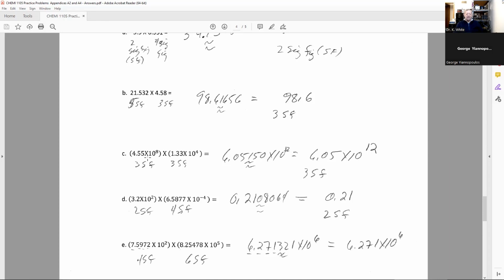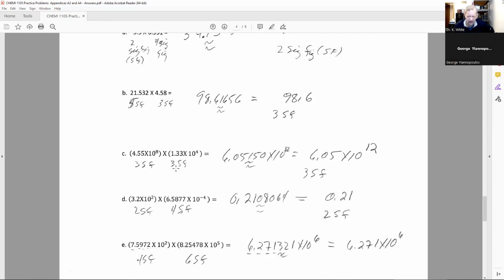Here we multiply these two numbers, and this number is what my calculator gives me, 6.05150 times 10 to the 12. Now, if we look at the two numbers you multiply, this has 3 significant figures. This has 3.